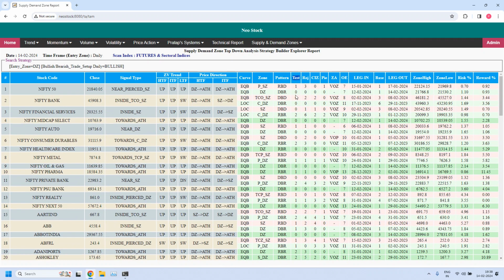Mostly test count 0 indicates fresh zones, but even though we have to set both test count and rejection count 0 for identifying the fresh zones, I am not setting a rejection count. The reason is rejection count always indicates the strong order flow in that particular zone. So that clue always helps us. That is a very good price action clue, especially for identifying stocks having very good order flow. So that is the reason why I am setting only the test count as 0.